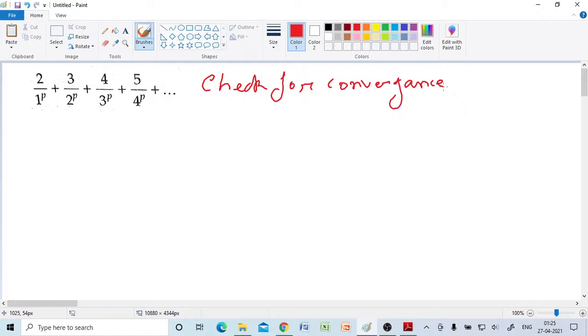So you can use any one of them. I don't know which one will work, but I actually use the Cauchy integral test, and I think it works. I'm not sure because I had never used the Cauchy integral test before this. I'm just using it, and hopefully it is solving.